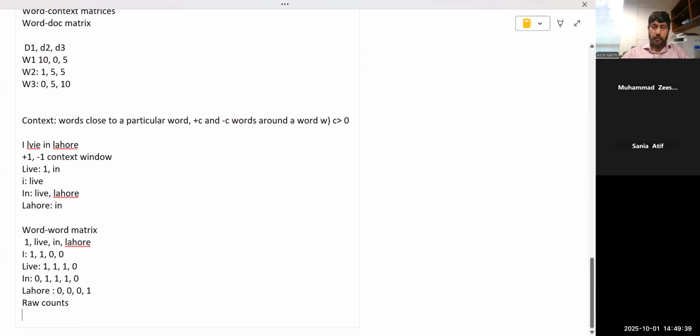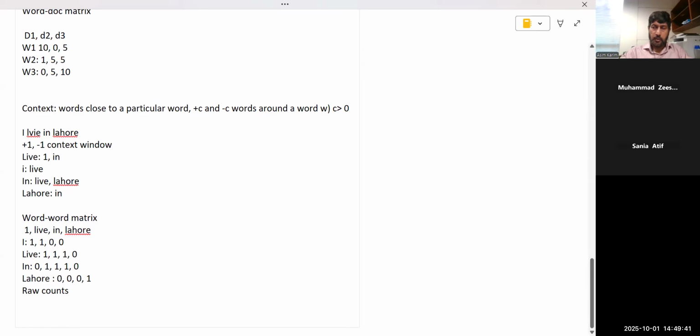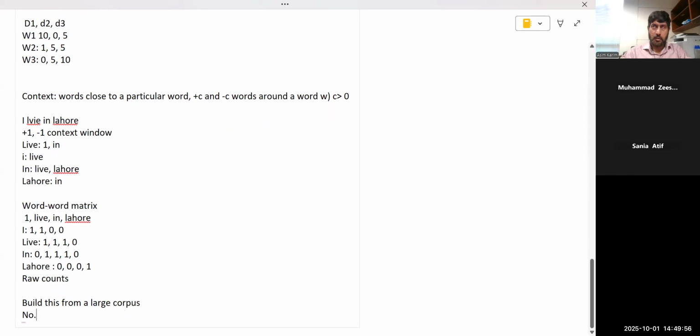ठीक है. ऑफ कोर्स इफ यू डू दिस फॉर ए लार्ज कॉर्पस, build this from a large corpus. ठीक है. So the number of words would be of course the vocabulary size.